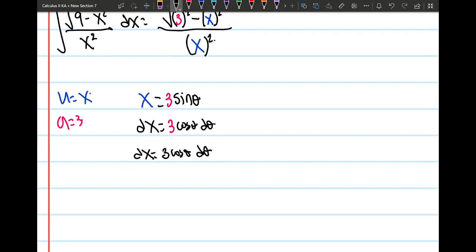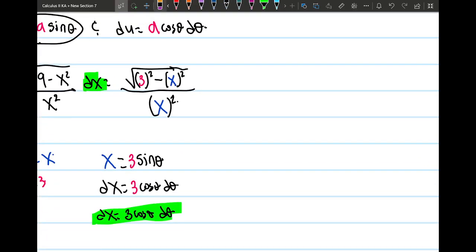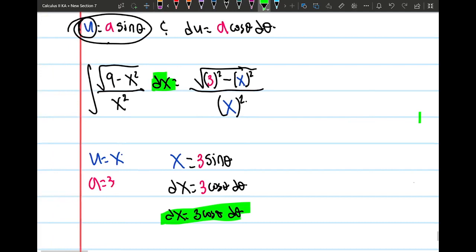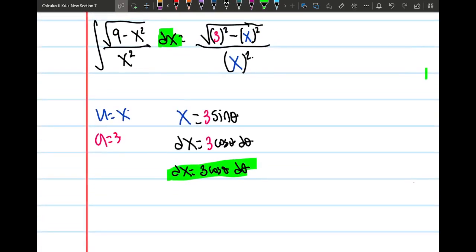So we're going to substitute this for this. We're going to substitute the x equals 3 sine theta part in for whatever's inside, for x in that parentheses.